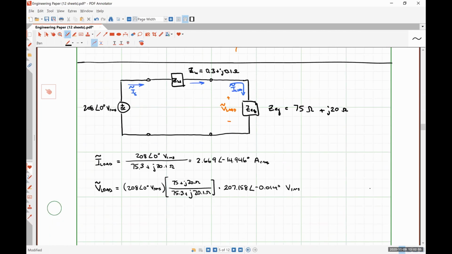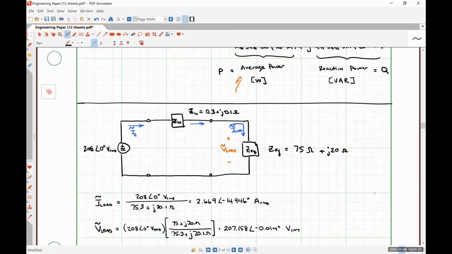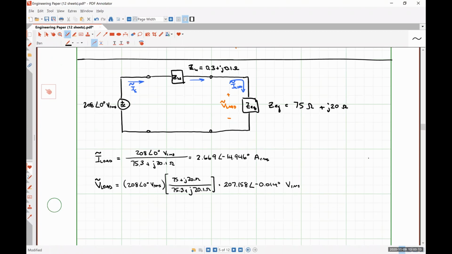So we now have the effective value for our voltage, its magnitude, the effective value for our current, the phase angle of our voltage, and the phase angle of our current. So we definitely have enough information to calculate our average power, right?